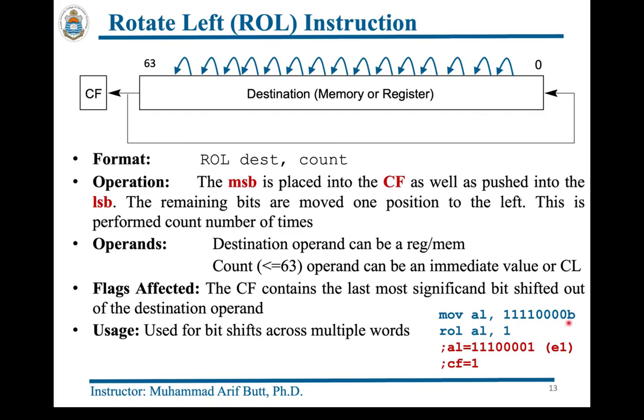So this one has moved over here and all the remaining bits are shifted to the left. And of course, this one, that is the most significant bit, other than being pushed over here, is also placed inside the carry flag. And this is what has been shown over here. The use of these rotate instructions is to shift bits across multiple words.